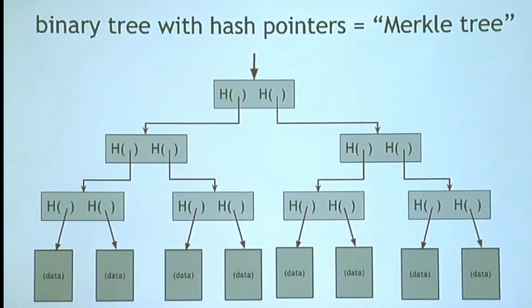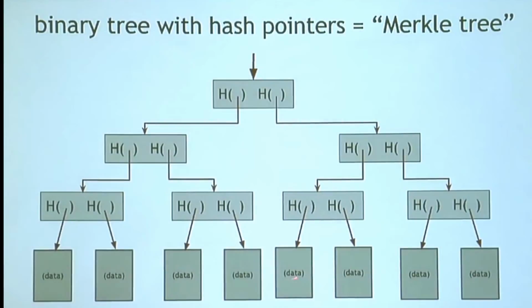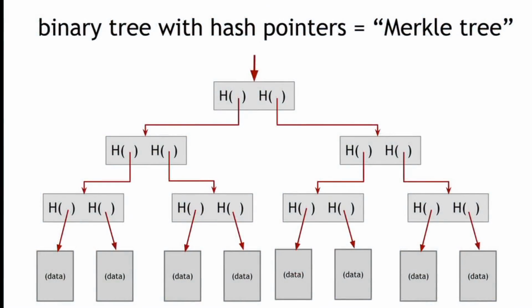Because just like I showed you with the blockchain, if an adversary tampers with some block down here at the bottom with the data, that will cause the hash pointer that's one level up to not match, so he'll have to tamper with that, and therefore he'll have to tamper with the hash pointer one level up from there, and eventually he'll get up to the top where he won't be able to tamper with the hash pointer that we've remembered. So again, any attempt to tamper with any piece of data across the bottom will be insured against by just remembering the hash pointer at the top.